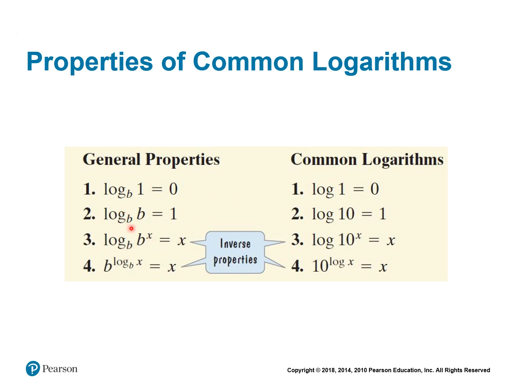So for log base b of b, as long as the subscripted value and the number next to log are the same, the resulting answer will always be 1. In the case of common logarithms, log of 10 equals 1. All right, so this number next to log has to be a 10. Why?